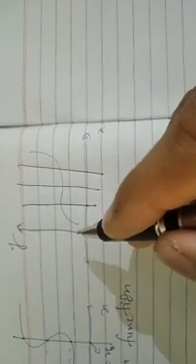And therefore this curve is not a function. But in this curve, any vertical line cannot be drawn which cuts this graph at more than one point. Therefore, this graph is a function.